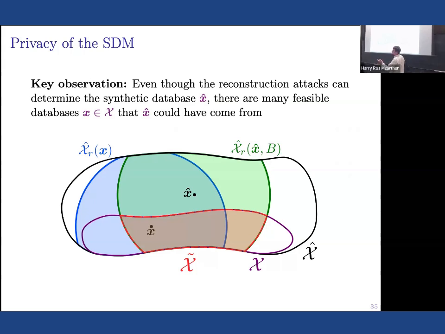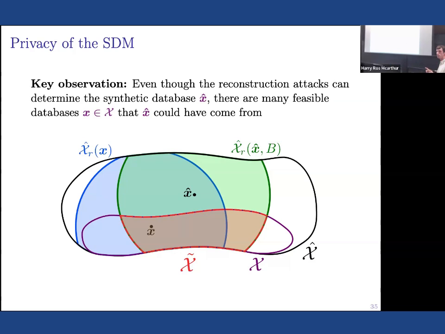What the attacker will then do is form a ball around that synthetic database based on the information that it's asked. That's why I've put the query matrix as an argument to this function. Then you intersect that green region with the space of feasible databases, which gives you the red region, and that is the set of candidate databases that your synthetic one could have come from.